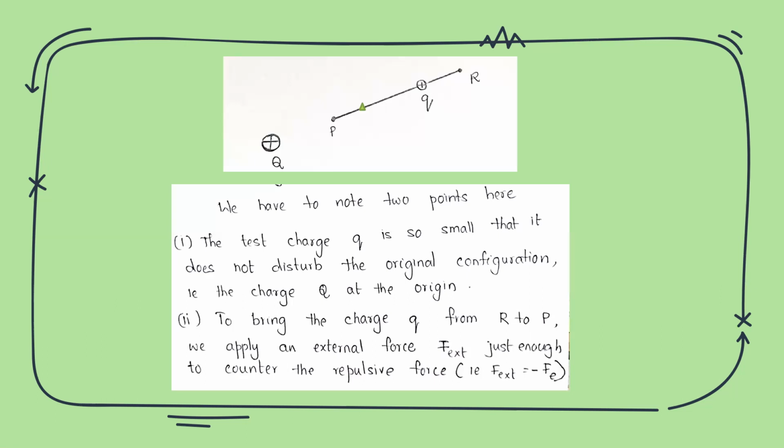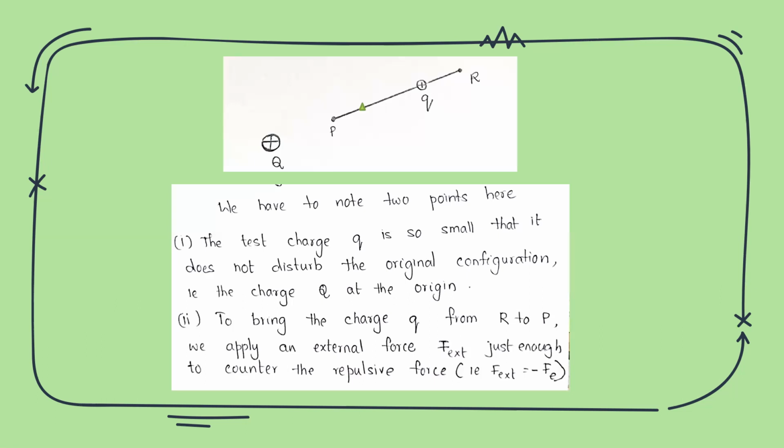And the second point to be noted: to bring charge small q from R to P, we apply an external force F external, just enough to counter the repulsive force.